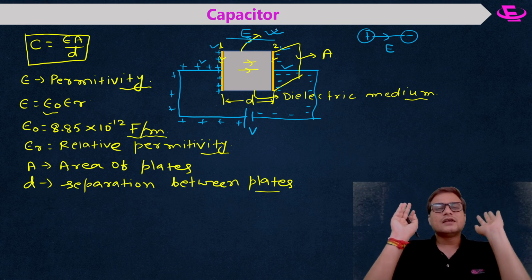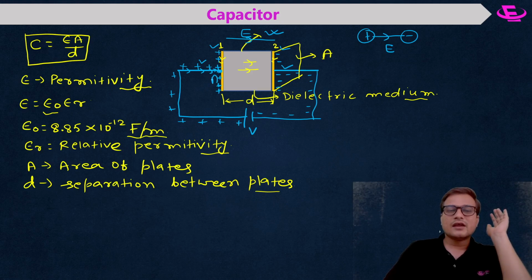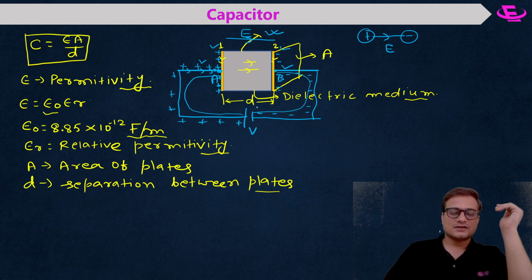Everybody knew that there is current outside the plates of the capacitor. Suppose this is point A, this is point B. People were saying that charges are coming, so current is flowing like this up to point A. Again from point B, current is flowing like this.